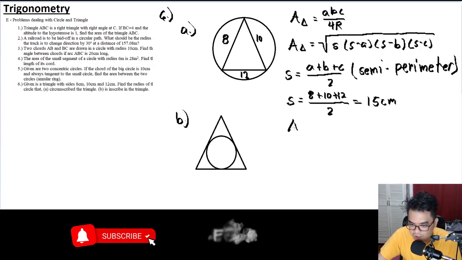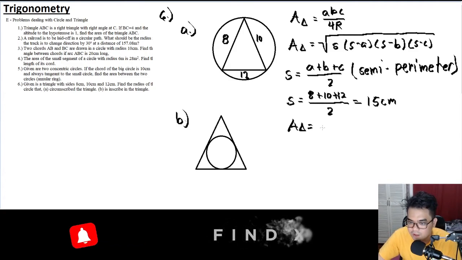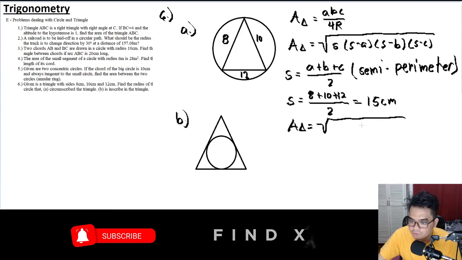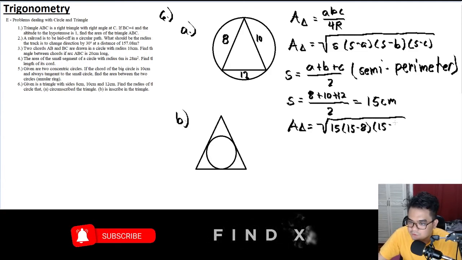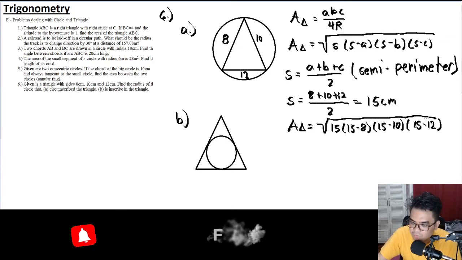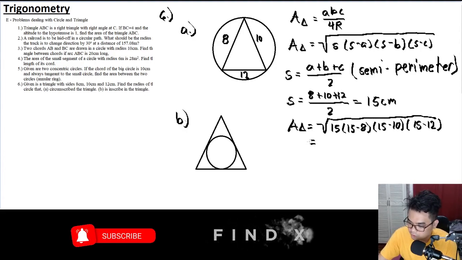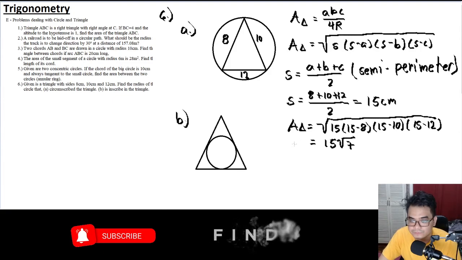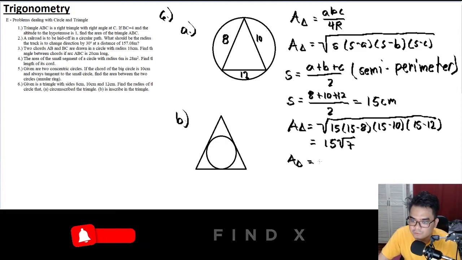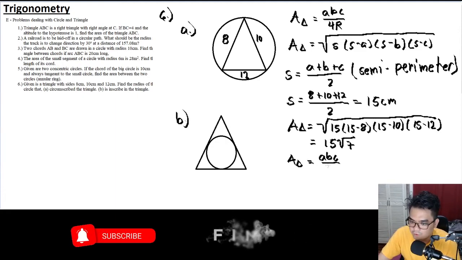So let's try to get A. The area of the triangle will now be equal to the square root of S, that is 15 times 15 minus 8 times 15 minus 10 times 15 minus 12. The value for that will be equal to 15 square root of 7. Therefore, we have area of the triangle equal to ABC over 4R.